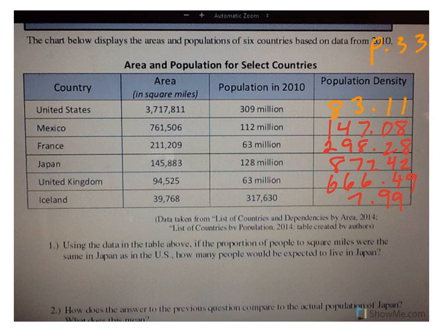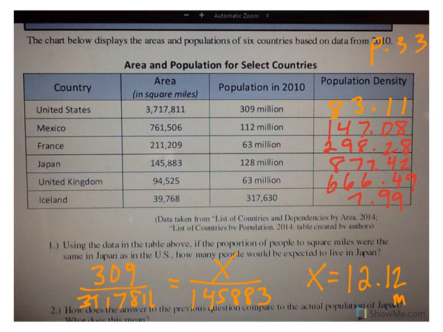So the U.S. is 309 million over the 3,717,811. Compared to how many people would we expect in Japan? So I would put an X where the people are, and I put the area in the bottom. If you cross multiply and divide, you end up with 12.12, and that's in millions.